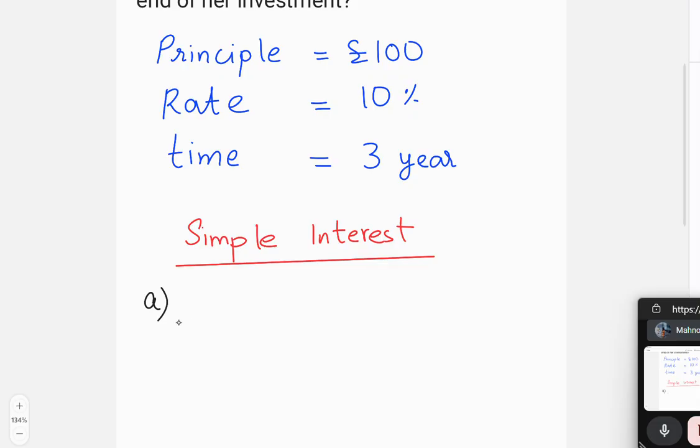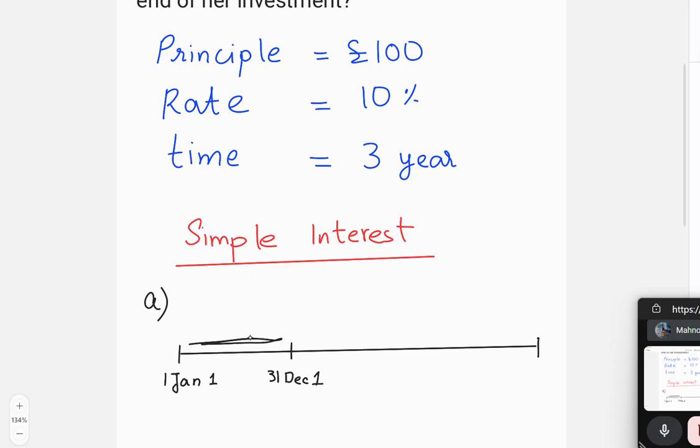First I'm going to draw a timeline. This is the start of year 1, I'm going to call it 1st January year 1. And here, this is the end of the first year, 31st December 1. This whole thing is the first year.